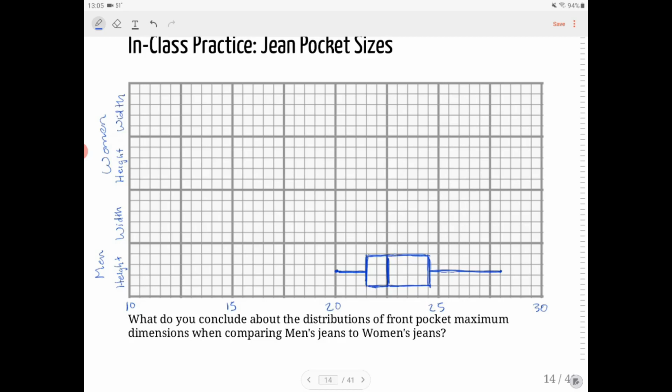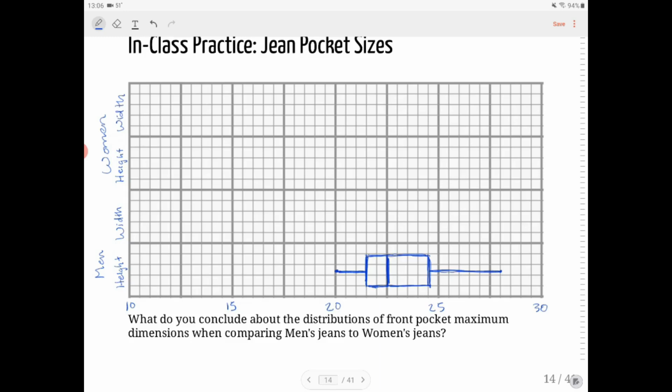All right. Now, for the width, we have a minimum value of 13, a lower quartile of 15.5, a median of 16.5, an upper quartile of 17, and a maximum value of 19.